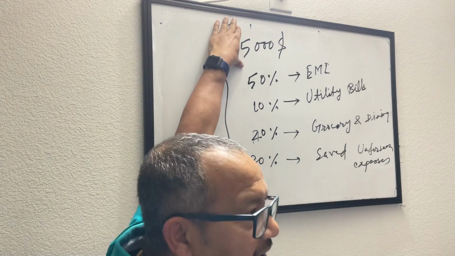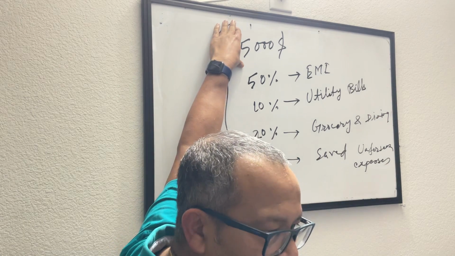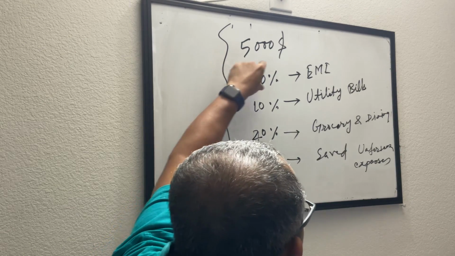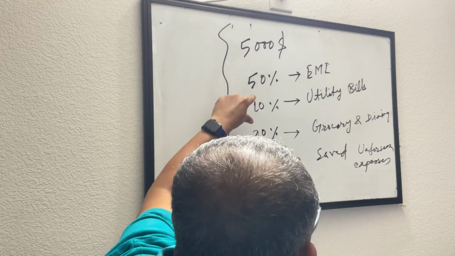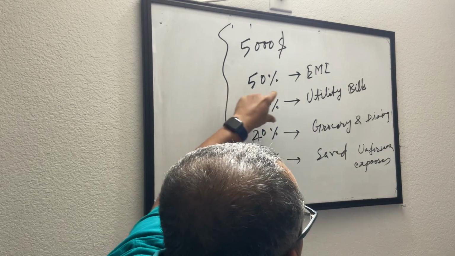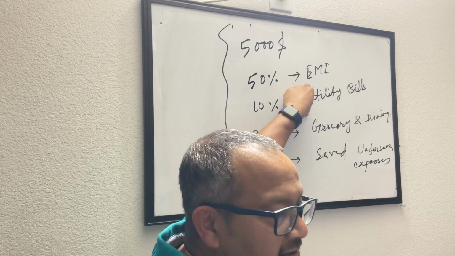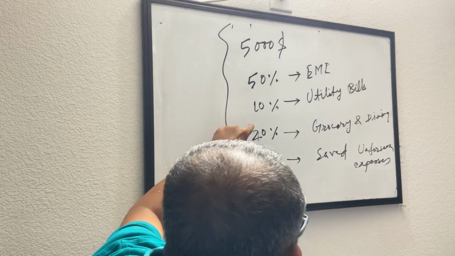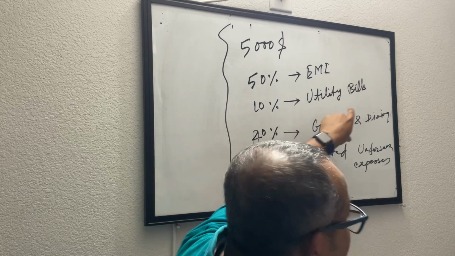The question is, I get $5,000 per month as salary. 50% of that salary I use for paying EMI of my house. 10% of my salary I use for paying utility bills, like internet, gas, electricity, whatnot. 20% of my salary I use for buying groceries and dining out.